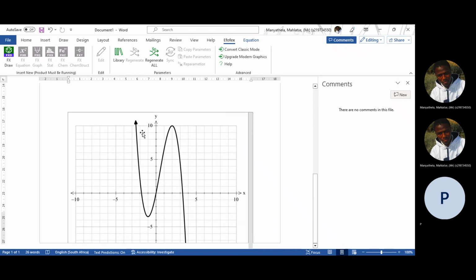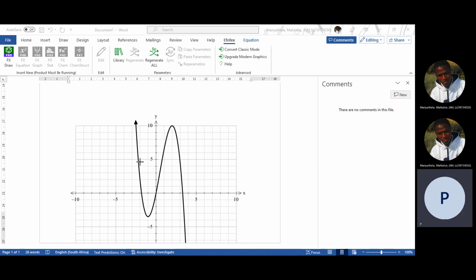If you check, it is intersecting the y-axis and the x-axis at 0. This point here will be 0. Let me just add the points.